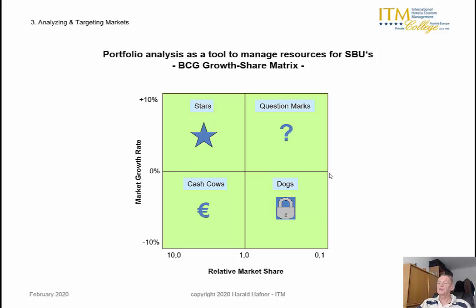On the other dimension, a relative market share of 1 or 1.5 is generally used as a cutoff point, as you can see here, to differentiate between high and low relative market share. However, there are no hard and fast rules for determining values that are employed as cutoff points for the horizontal and the vertical dimension of the BCG matrix.